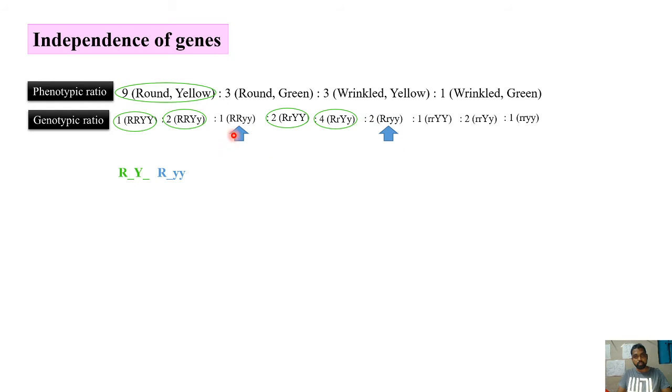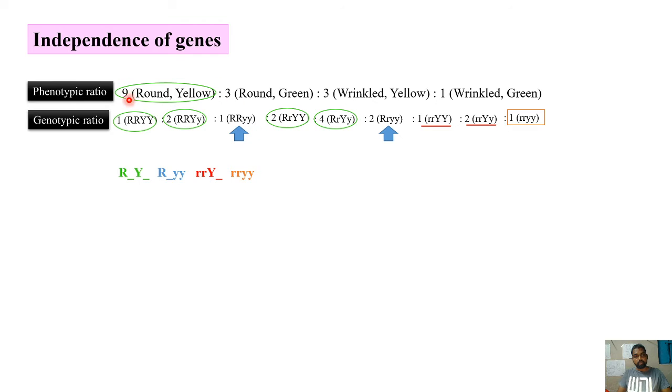So totally 2 plus 1, 3 are round green, that you can see here. Whereas this one is wrinkled yellow, this one is also wrinkled yellow, so totally 3 are wrinkled yellow. That's what you can see in the phenotypic ratio. And the last one is wrinkled green, only 1, and that is this.